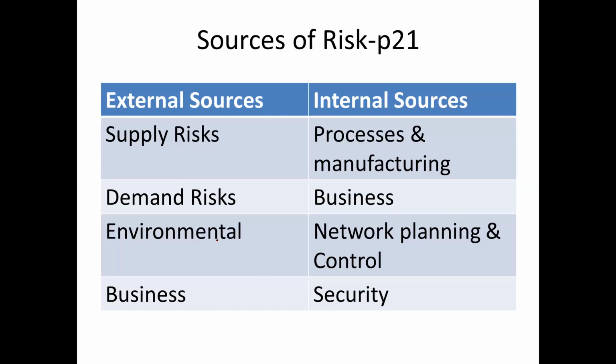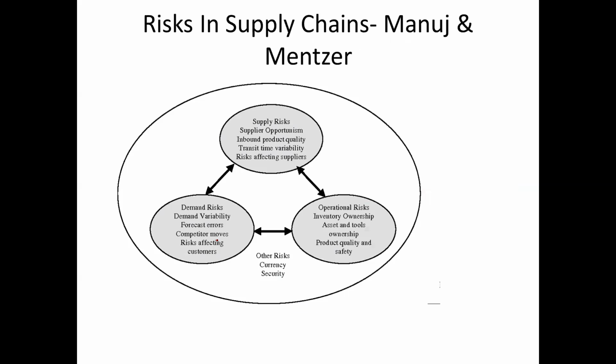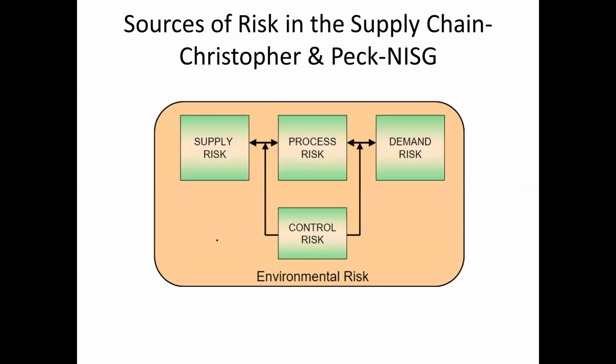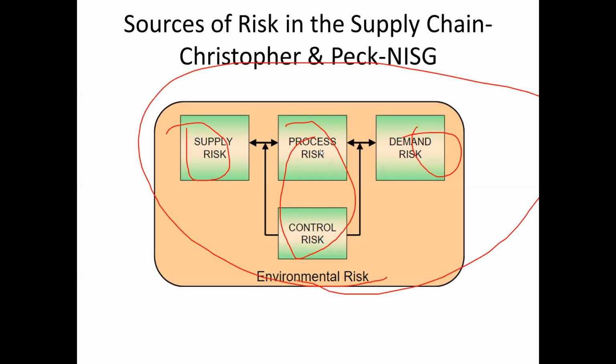So you can learn that list, or perhaps an easier one, the one I like, is the Christopher and Peck one, which isn't in the study guide, and it shows 5 areas of risk. Within your company, up your supply chain and down your supply chain, and of course the external environment, STEEPLED. And it's an easy diagram to remember, and it means you can talk about each of those.